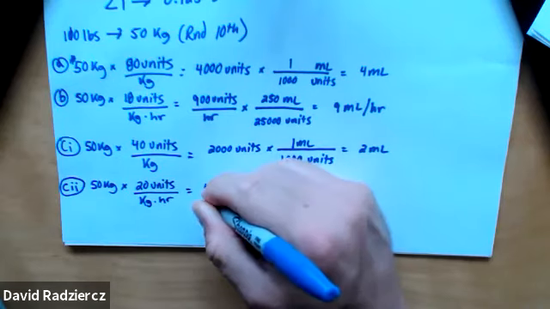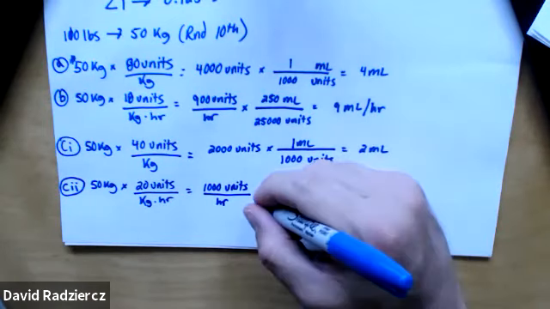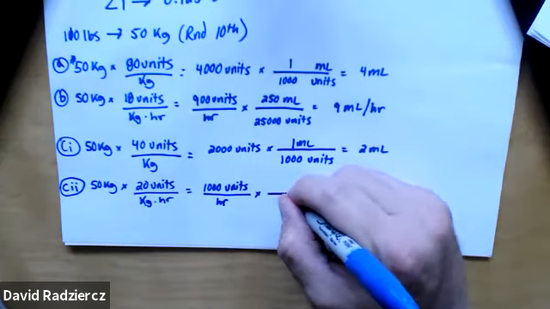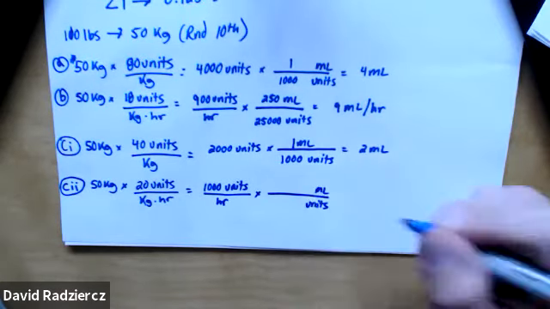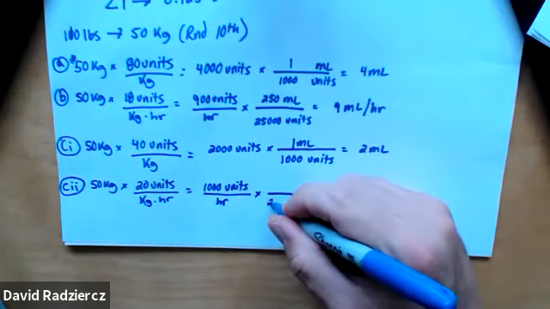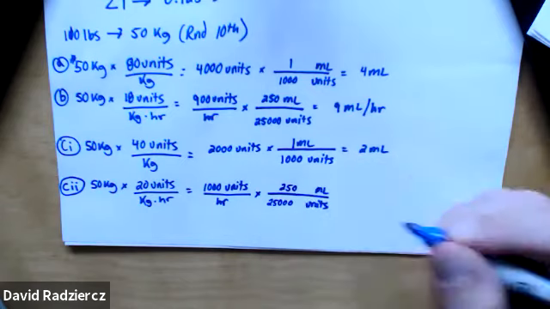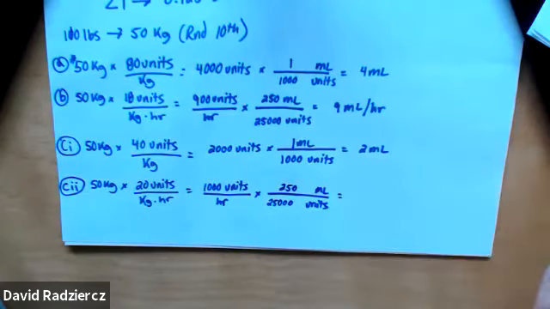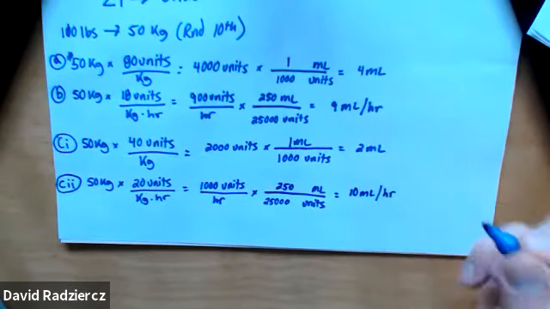Again, very similar to questions 22, 23, 24, where you go from units per hour to milliliters per hour. In order to go to milliliters per hour, I need to have a way to convert units to milliliters, and I do. I have available the 25,000 units in the 250 mL half normal saline, and then I get an answer of 10 milliliters per hour.